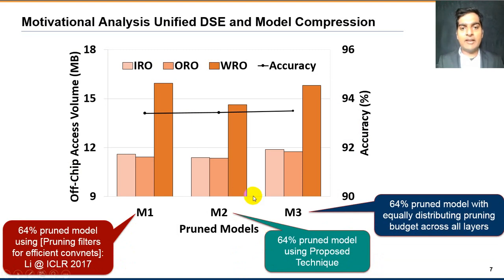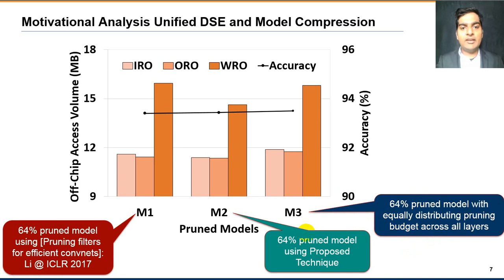M2 is obtained by using our proposed technique, and M3 is generated by equally distributing the pruning budget across all the layers. In this figure, we plot off-chip access volume obtained by performing design space exploration over input reuse oriented, output reuse oriented, and weight reuse oriented strategies with a global buffer size of 32 KB.